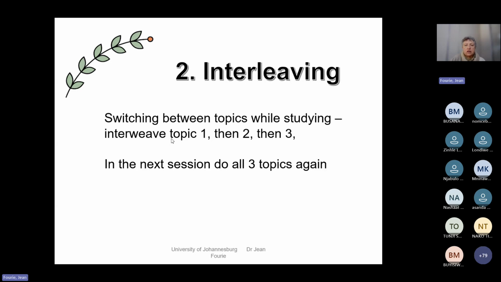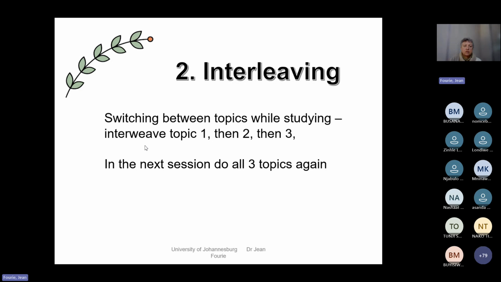And this idea of interweaving or interleaving is where we are doing one topic, then the next topic, then the third topic, and then on day 4, you repeat all of the topics, switching between the different topics so that you are doing spaced repetition for each of the topics, but you have many topics that you are kind of juggling over the days when you are studying and recalling these topics.